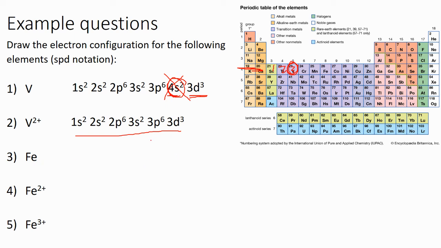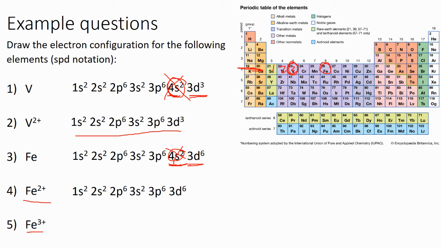Now we did iron earlier. Iron is up here. It has 26 electrons, so it's 3d6 at the end. Fill in the 4s2 first, but when it loses electrons, it loses the 4s2 ones first. So iron actually forms two ions: iron 2+ and iron 3+. You might remember that.